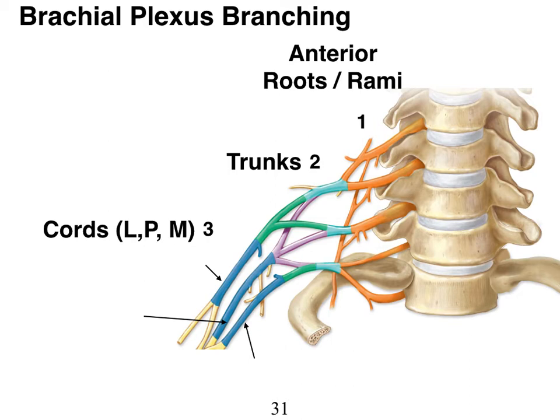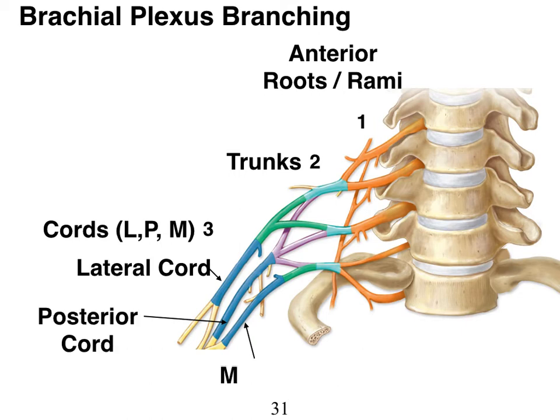There are 3 cords: the lateral cord, the posterior cord, and the medial cord. These 3 cords connect to different nerves that we'll go over. So we go from roots to trunks to cords.